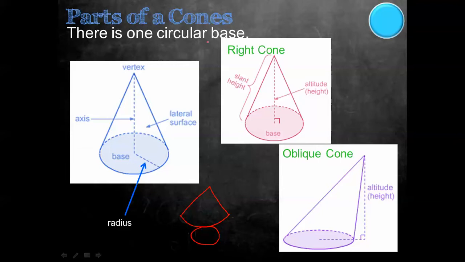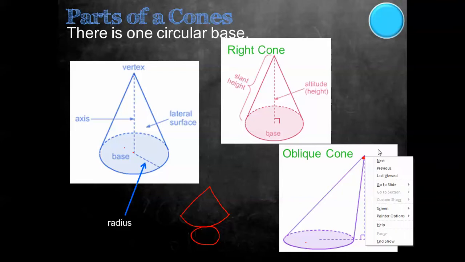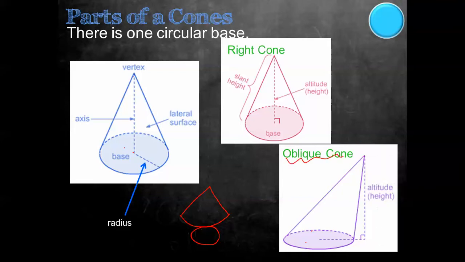Okay, so parts of a cone. It has one circular base, it has a vertex, just like a pyramid. It has an axis, just like a cylinder. Remember, the axis goes from the vertex to the center of the base. So in this cone, this is an oblique cone, it would be right here, the axis.